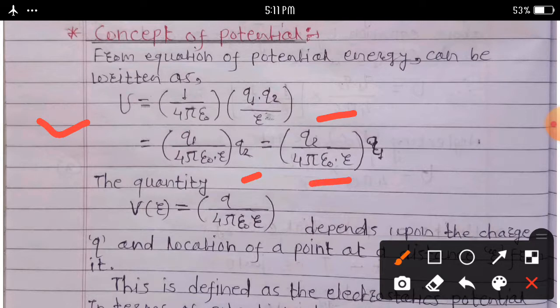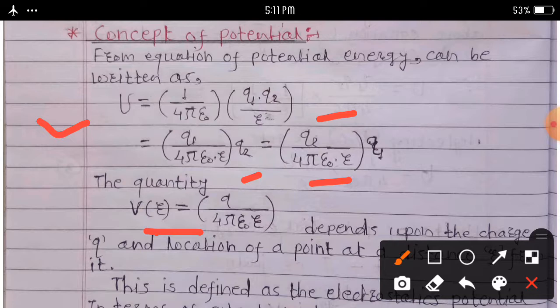The quantity V(r) is equal to q upon 4 pi epsilon naught r, which depends upon the charge q and the location of the point at a distance small r from it. This is defined as the electrostatic potential.